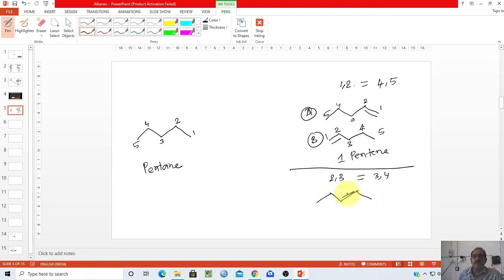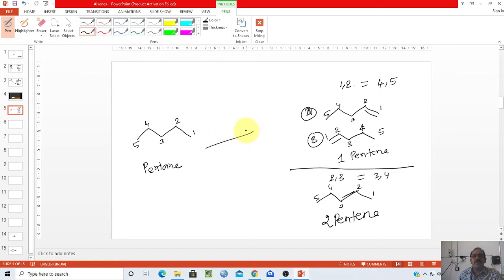The name of the compound is one and the same. 1, 2, 3, 4, 5. Can you name it along with me? How many carbon atoms? 1 to 5 carbon atoms. Therefore the parent is pentane, and the double bond is there, therefore pentene. What is the lowest number for the functional group? It is 2. So 2-pentene. Whether it is the second and third carbon or the third and fourth carbon, the compound is one and the same.